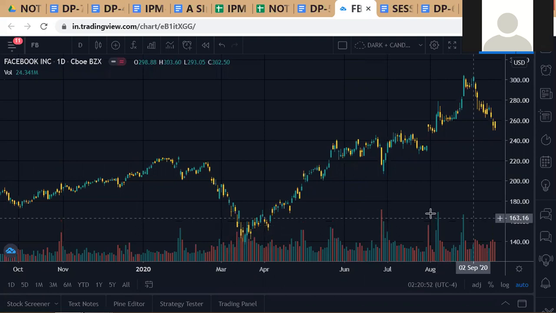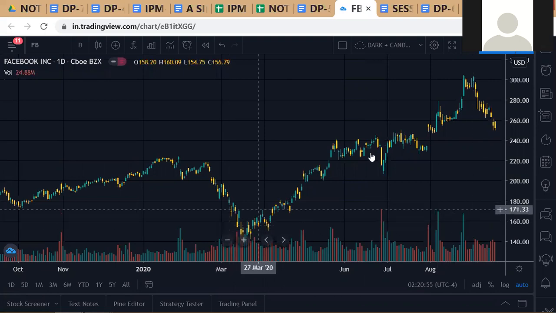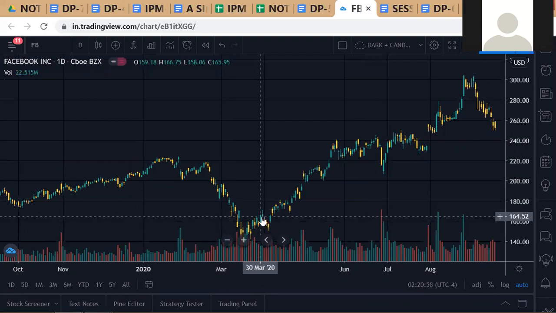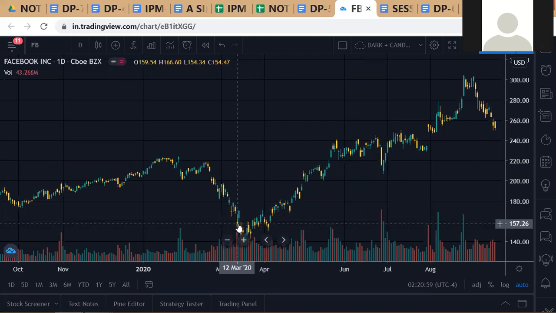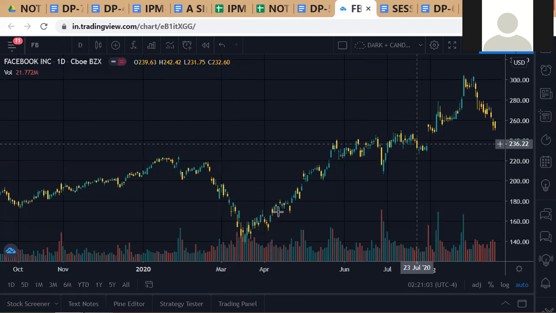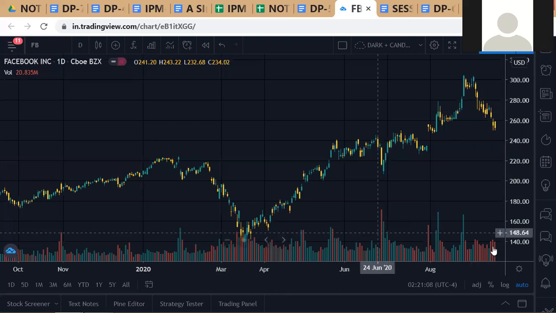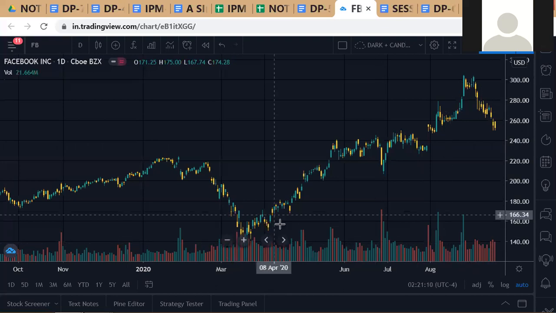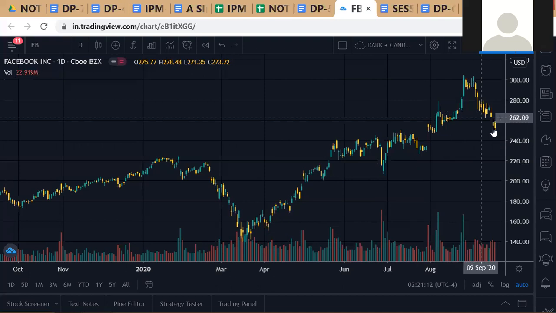If that is happening, then ceteris paribus, other things remaining the same, you would conclude that this move is likely to be sustained. If it is happening on low volume, you would be suspicious and think that it is not likely to be sustained.